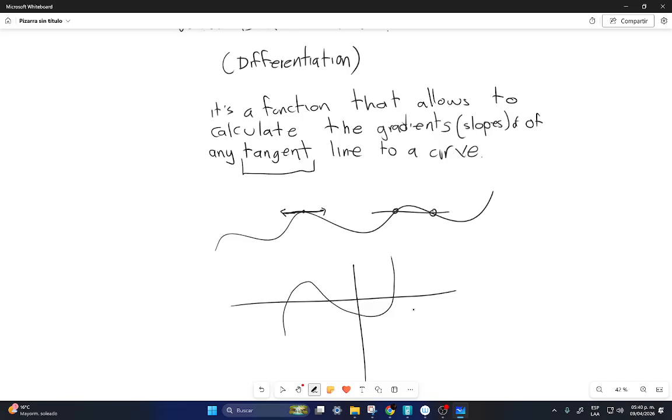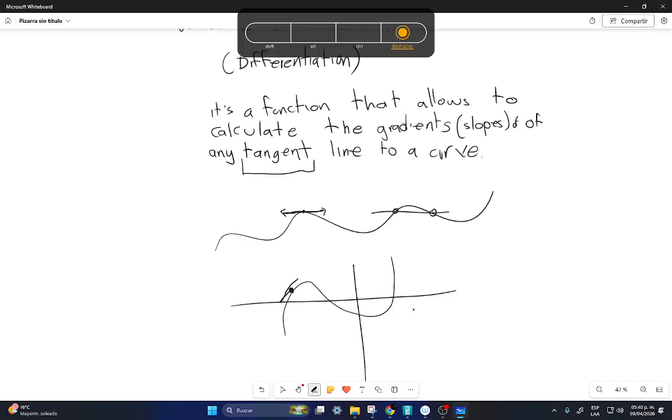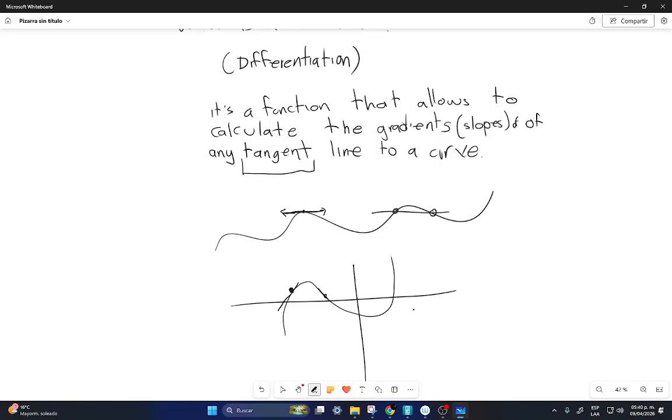The derivative of this function is another function that allows me to calculate the gradient of this tangent line, or of this tangent line, or of this tangent line. Let's say that I make it longer. So the gradient of any of those lines can be calculated through a derivative.